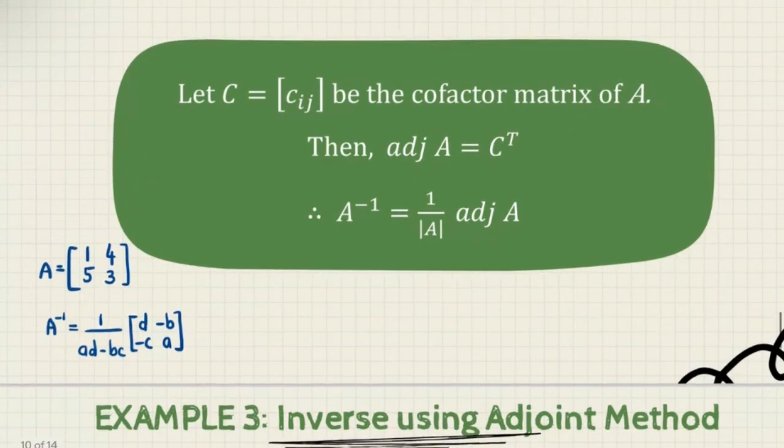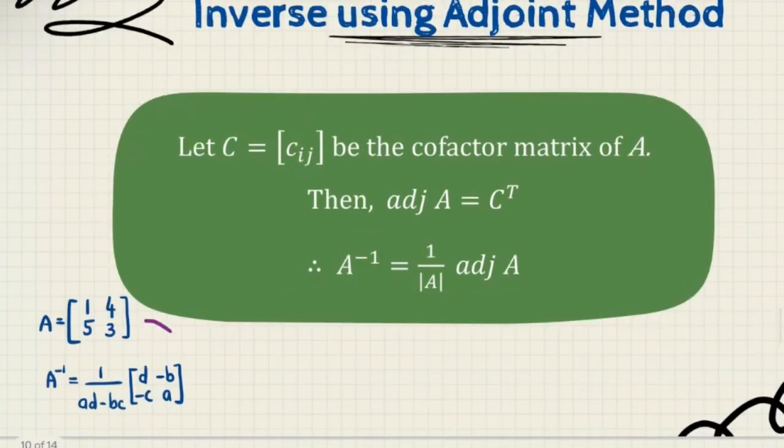So untuk matrix ini, C11 kita adalah apabila kita tutup first row dan tutup first column, kita dapat apa? 3. So kamu akan dapat 3.